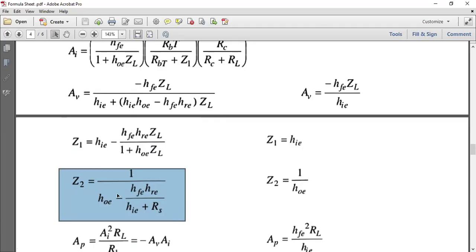If we check this formula for Z2, everything is there. We are not limited because we are told that RS is 0. So it was easier to work from the output than from the input, because the input is limiting us. We do not have the ZL, which is our RC. So it's an exam, guys, you have to figure out like that.